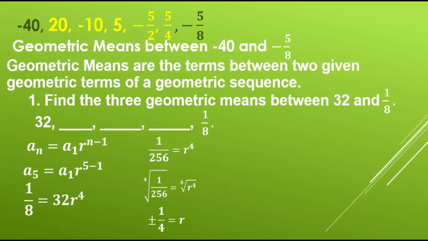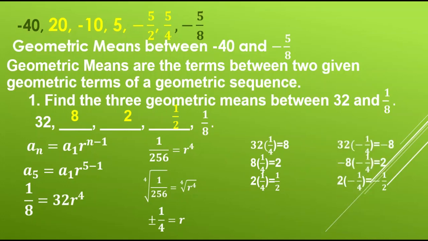Remember, when you get an even root, you have the positive or negative. When you multiply positive 1/4 from 32, you will get 8, followed by 2, then 1/2, till you reach 1/8. But if your common ratio is negative 1/4, then the terms will be positive and negative 8 and positive and negative 1/2.